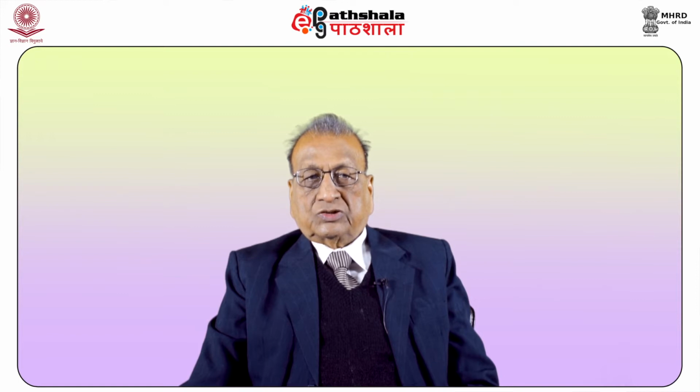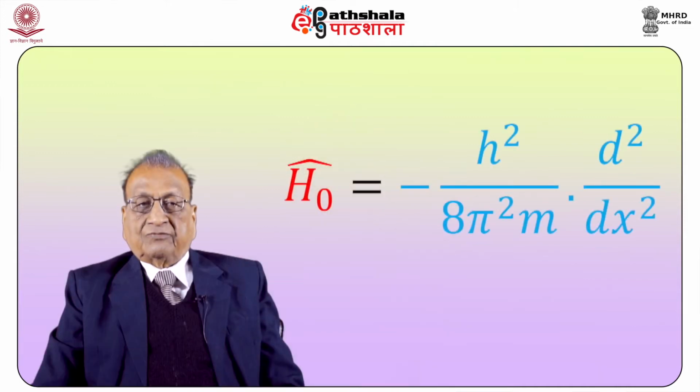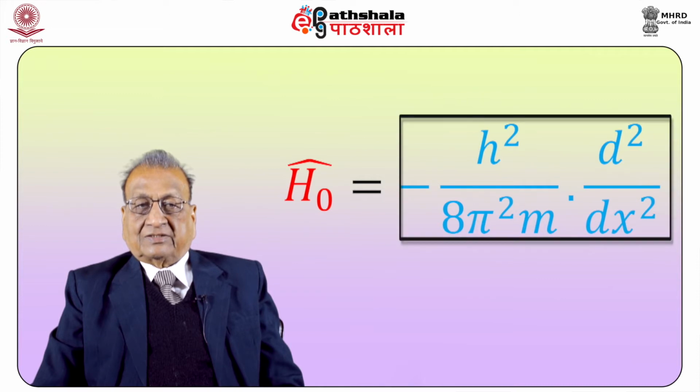Now, use this approximate wave function to solve the Schrodinger equation. The Hamiltonian for this system is very simple, as there is no potential energy, so it has only the kinetic energy term.